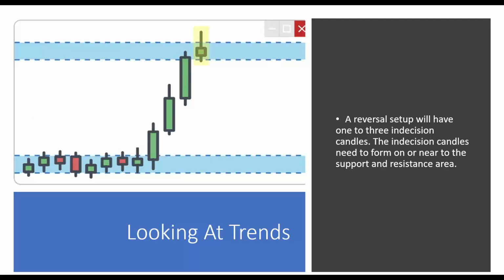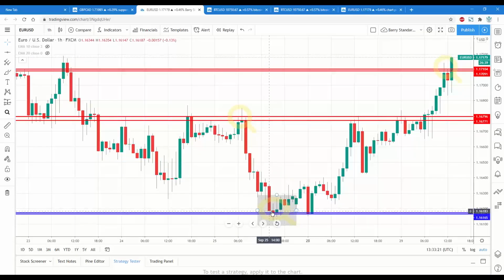A reversal setup will have 1 to 3 indecision candles. The indecision candles need to form on top or near the area of support or resistance, like we saw on my live charts. So here, in this case, we had 2 indecision candles. In this case here, we had 1 indecision candle.